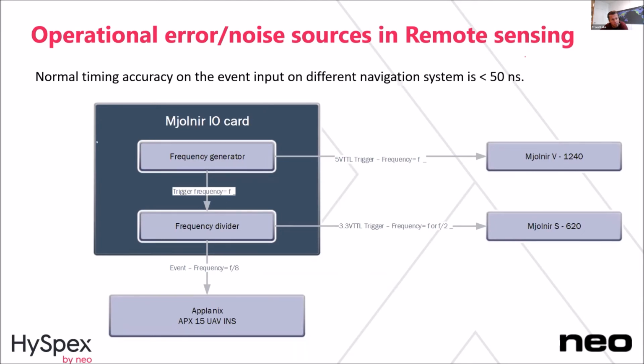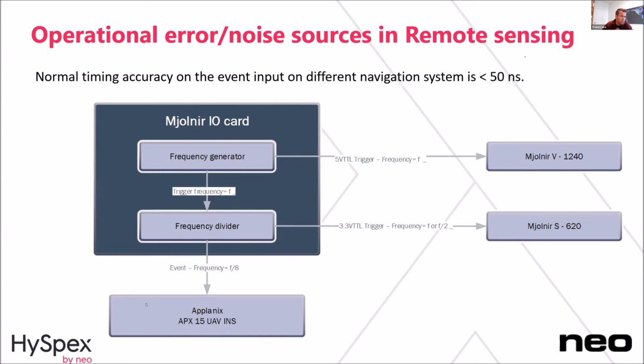So we have a frequency generator card triggering the VNIR. We can then trigger the SWIR, depending on which optics you have, with the same frequency divided down by any factor, and then you can again divide down by any factor. For the UAV system, it's 8 to the uplink system, because the uplink system has a max frequency of 50 Hertz on the events.